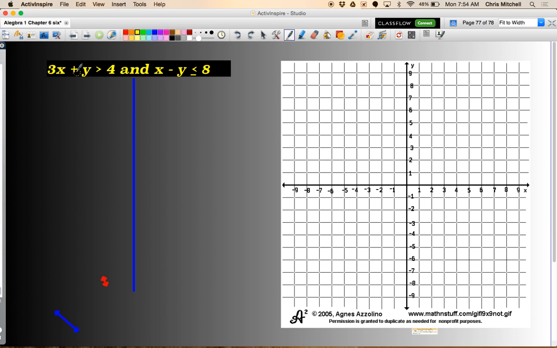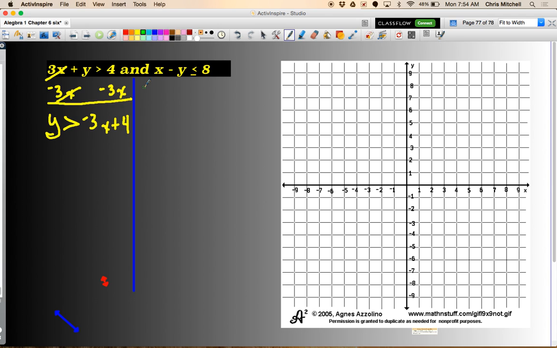And then we're going to graph. So we're going to subtract 3x from both sides of this equation. We're going to have y greater than negative 3x plus 4. Again, y greater than negative 3x plus 4.